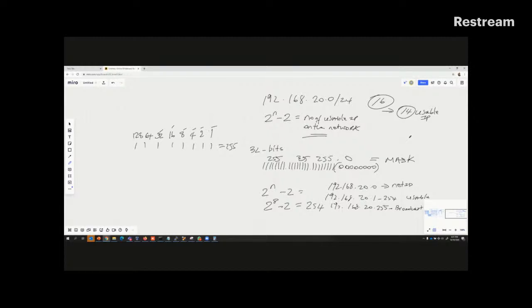That's your broadcast address. All right, so let me get back at this. If I were to say I want to break it up into /16 subnets, that means I need to turn on more bits.